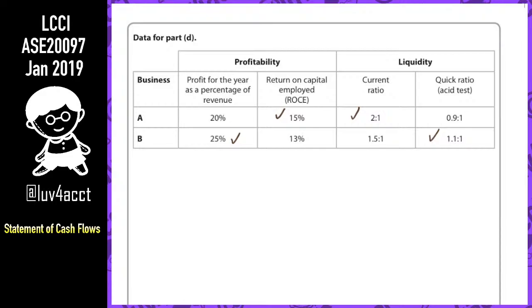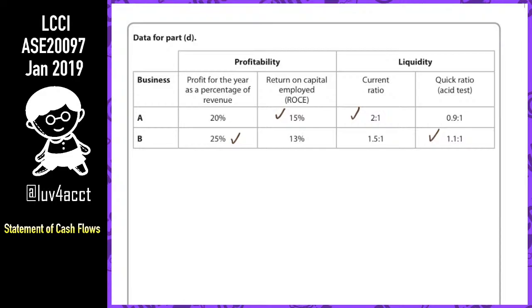In this case, business B is doing better, comparatively speaking, when compared to business A. Of course, a higher profit percentage means you can sell your products at a higher price and also keep your expenses low. This is good.